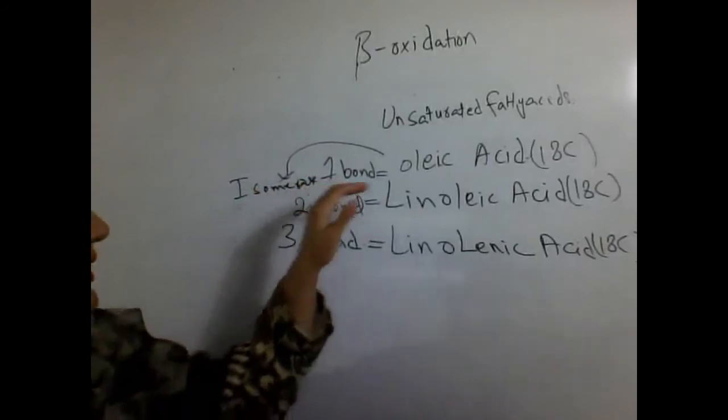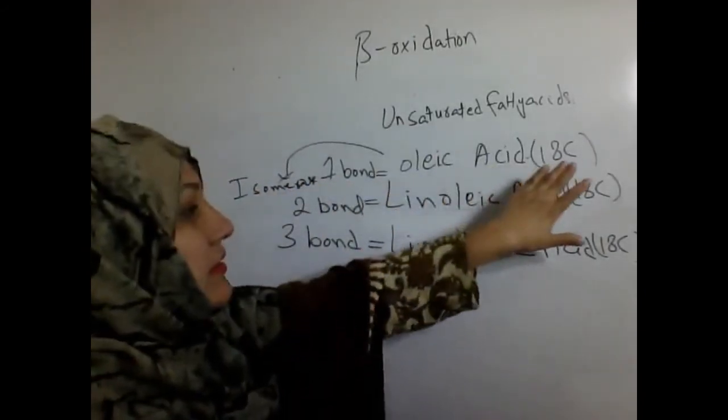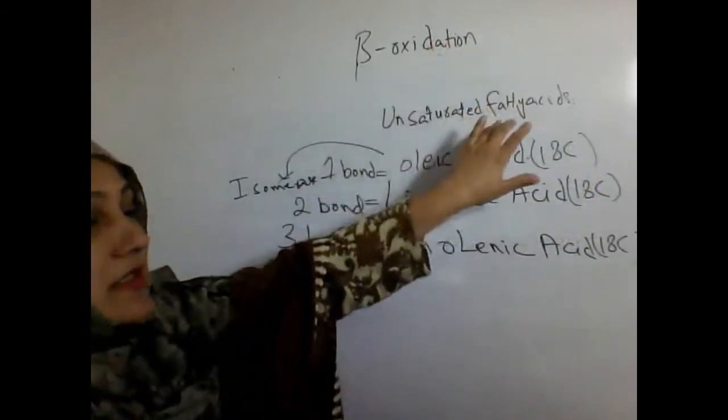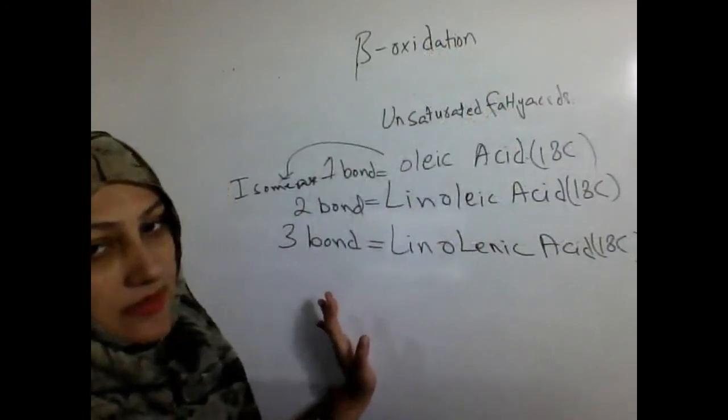By removing the double bond present in oleic acid, it undergoes the normal beta oxidation as in case of the even chain fatty acids.